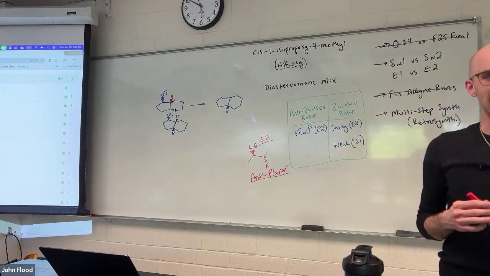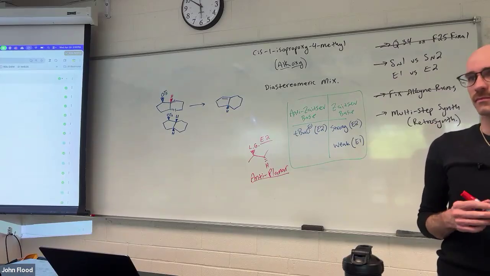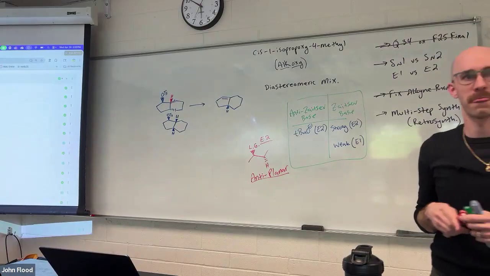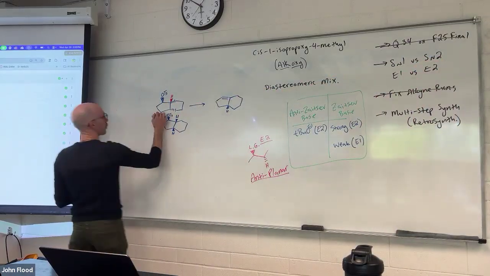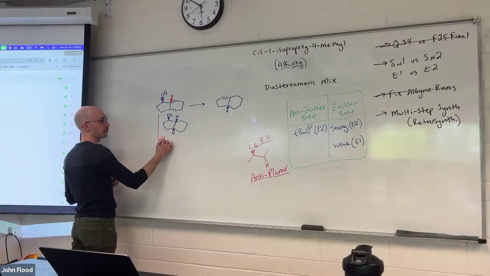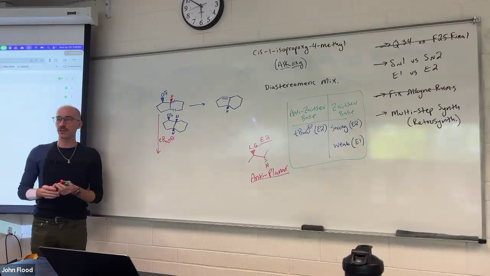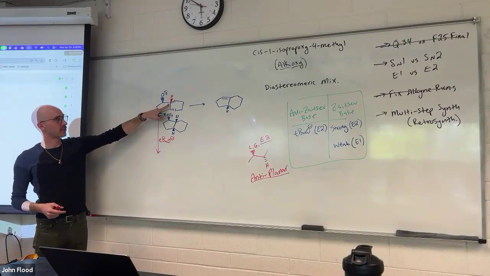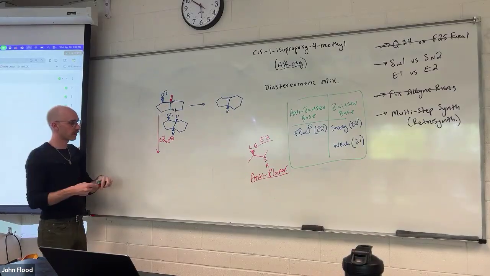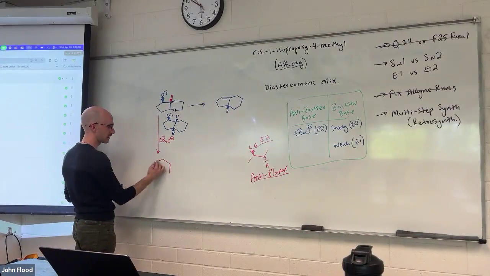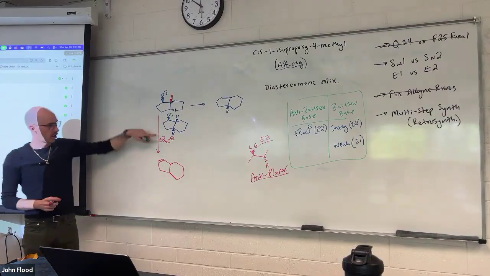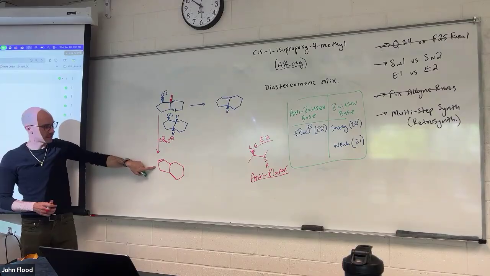I cannot use an E2 base here because the E2 base will never take that red hydrogen. If I use tert butoxide, it is sterically hindered. Tert butoxide already wants to avoid a highly substituted area, and it wants to come towards a less substituted area to act as a base. So tert butoxide would run anti-Zaitsev elimination.